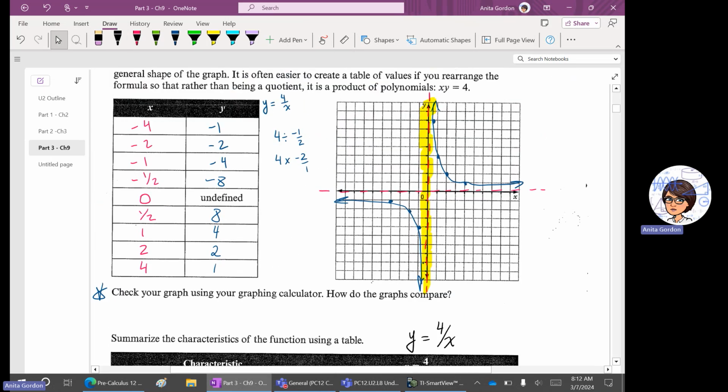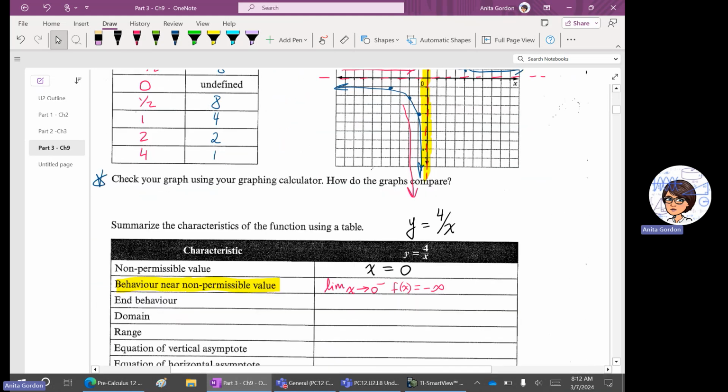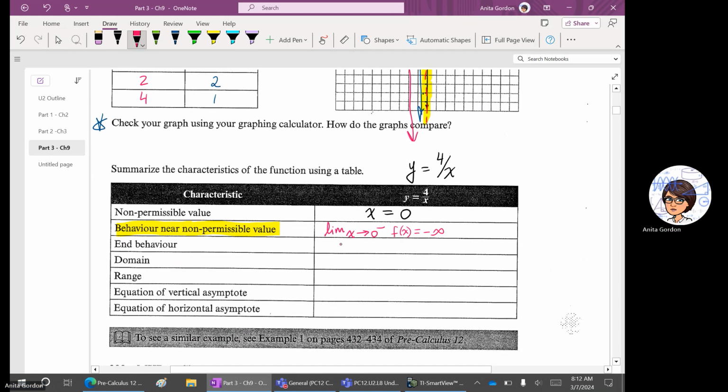So look at our picture. As we approach x equals 0 from the left side, our graph is going down, down, down forever. So as we approach 0 from the left, our graph goes to negative infinity.